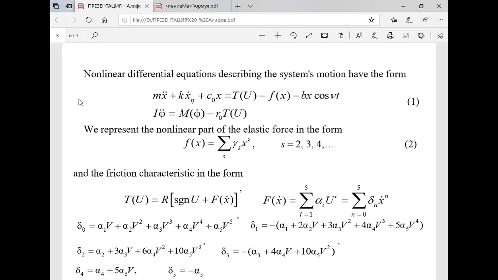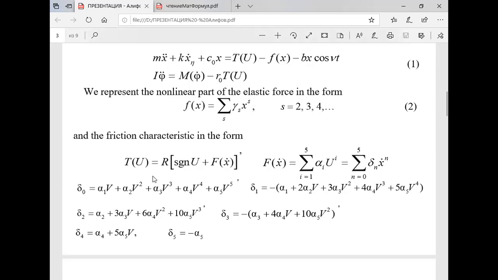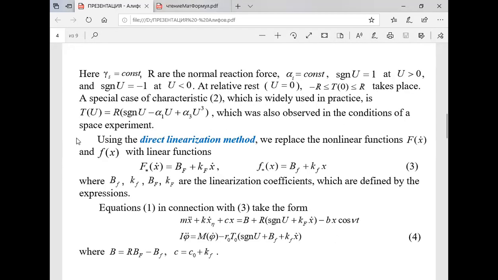F of x dot is equal to sum, and coefficients have the following form. Here, gamma sub s is equal constant, r is the normal reaction force, alpha sub r is equal constant, sine function u is equal 1 at u greater than 0, and sine function u is equal minus 1 at u less than 0.